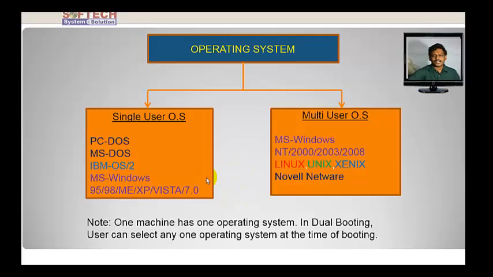So based on the processor, we can use the appropriate operating system. If we try to install XP on a Pentium 3, it may work or malfunction, but it reduces the speed. It also causes failure of hardware.